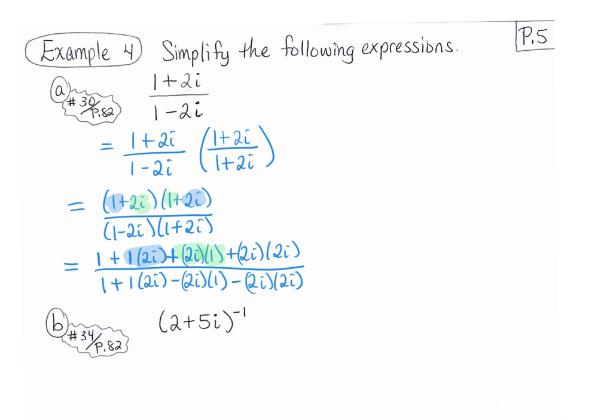And then we simplify. So we get 1 plus 2i plus 2i plus 4i squared all over 1 plus 2i minus 2i minus what? 4i squared. Good. And so then we simplify.